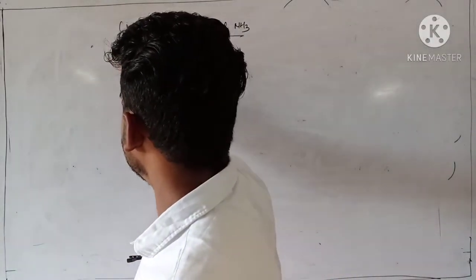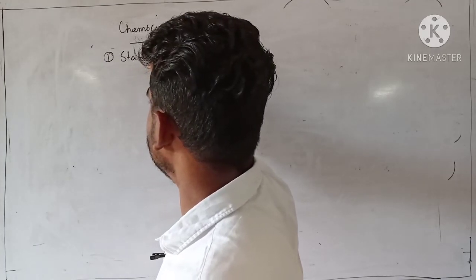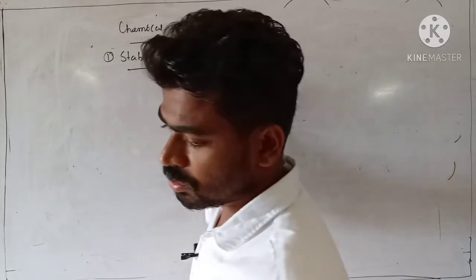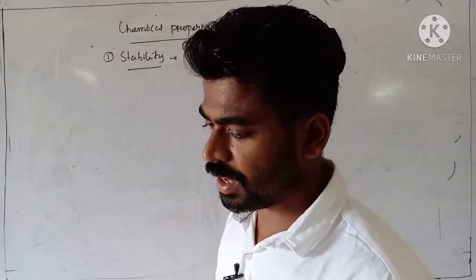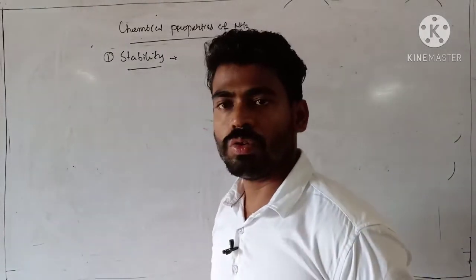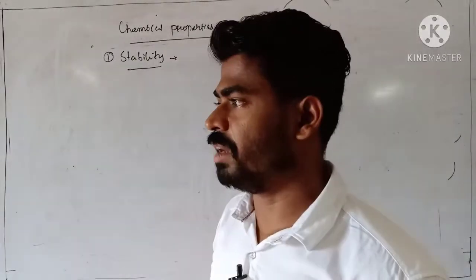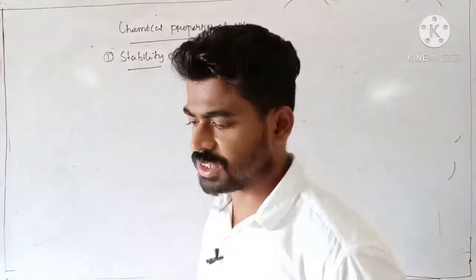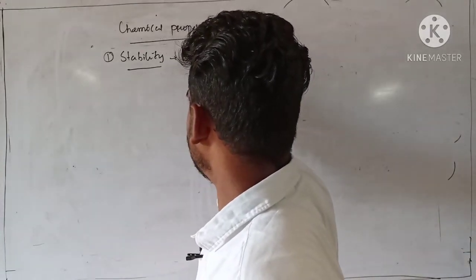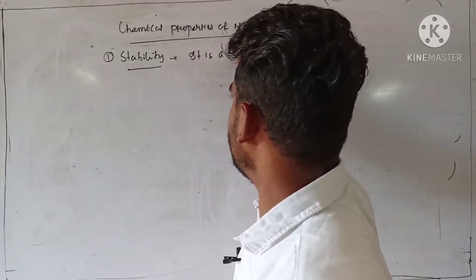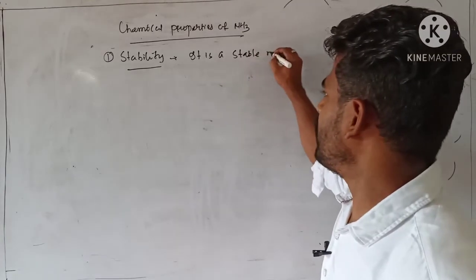Ammonia is a highly stable molecule, and it decomposes into its constituent elements, nitrogen and dihydrogen, upon red heat. On strong heating, it is a stable molecule.